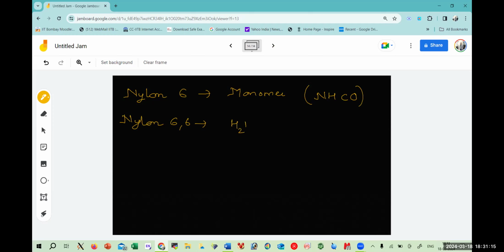You have NH2, CH2 6, NH2, and adipic acid. That is also a 6 number chain. So this way, these are the condensation polymers examples.